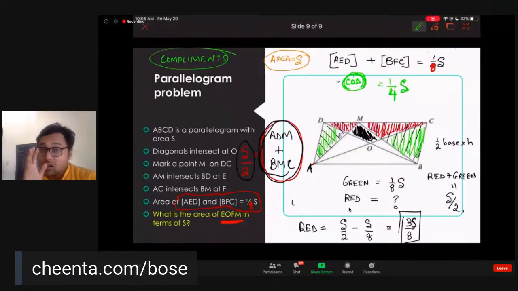But remember, don't be satisfied just by the intuition. Can you prove rigorously that if you have a parallelogram, the diagonals will split it into pieces each 1/4 of the entire area?